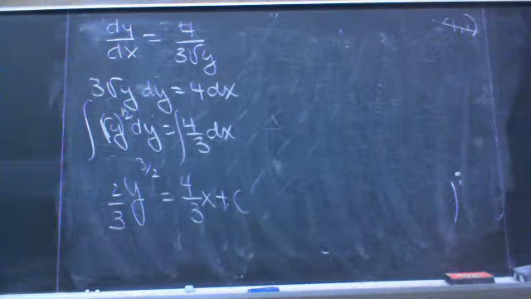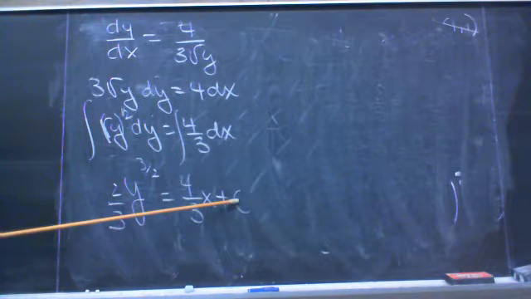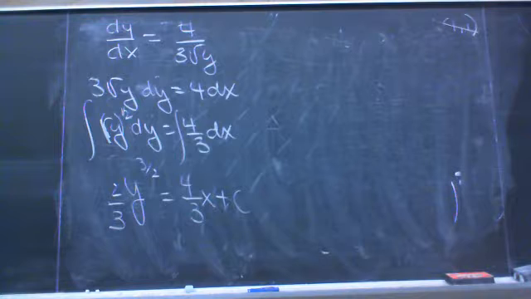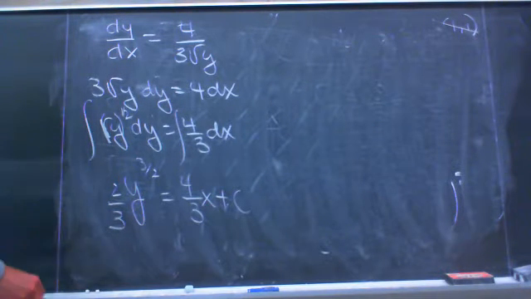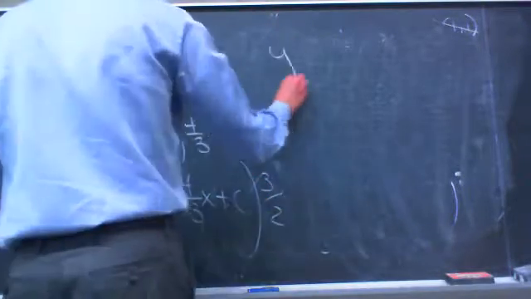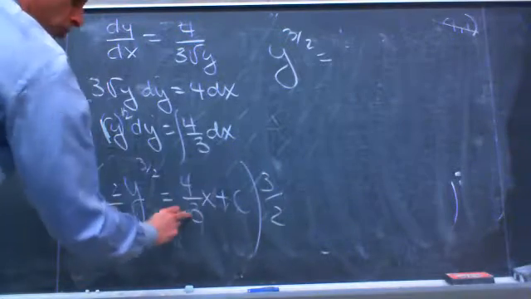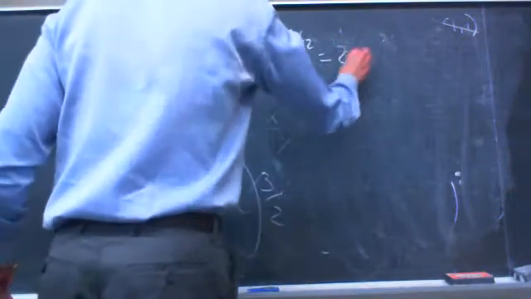If I'm given an initial value, it is at this time I would put in the value for x and y and resolve for c. But being that I don't, I'm just going to multiply everything through by 3/2, and I get y to the 3/2 equals, these would drop out, 4 divided by 2 is 2, that'd be 2x plus 3/2 c.